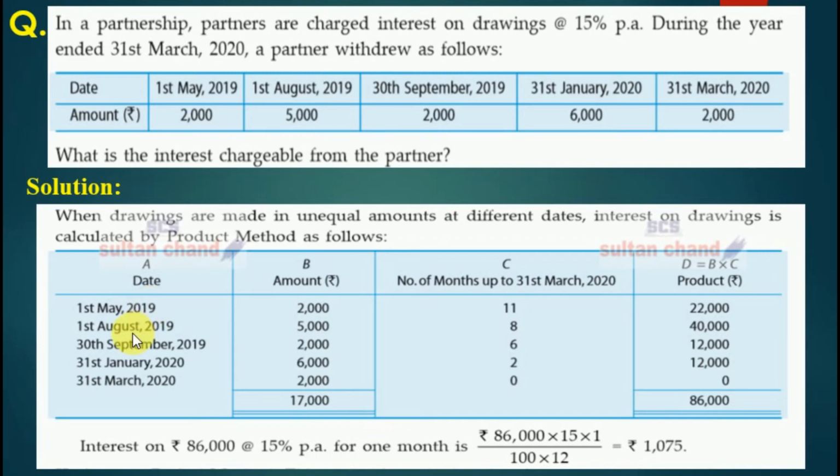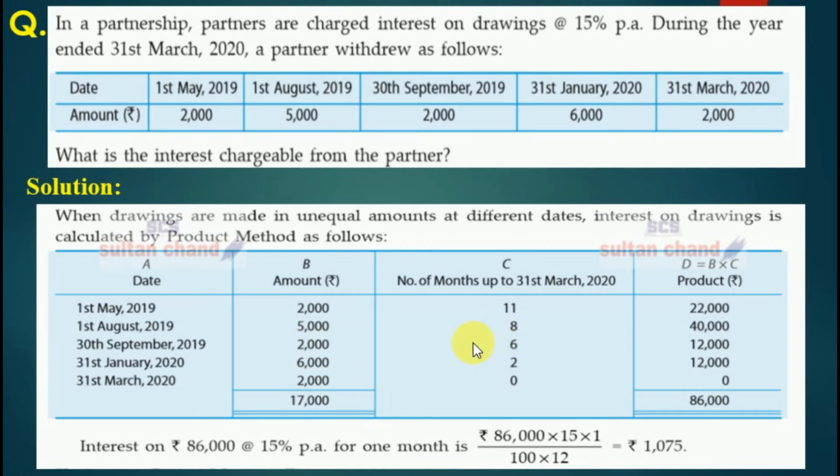For the second drawing, the amount of 5,000 remains outstanding from August to March, so the number of months is 8. For the third drawing, the amount of 2,000 is outstanding from 30th September to March, that is 6 months.